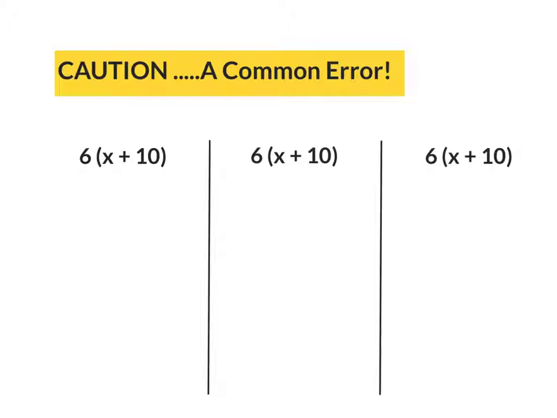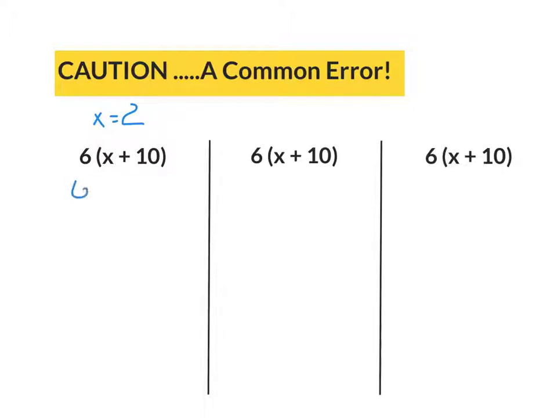Okay, let's discuss a common error that many students make. I'm going to use the example 6 times the sum of x and 10. I'm going to start by saying, well, if x is equal to 2, what would the value of my expression be if I replace the x with 2?